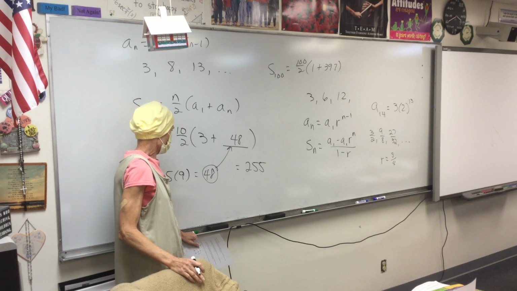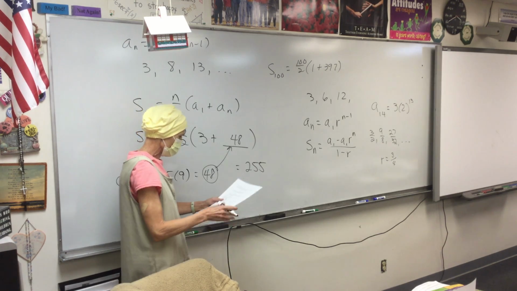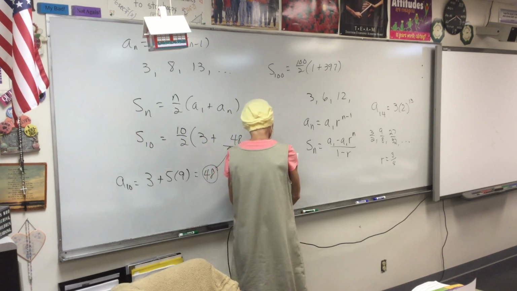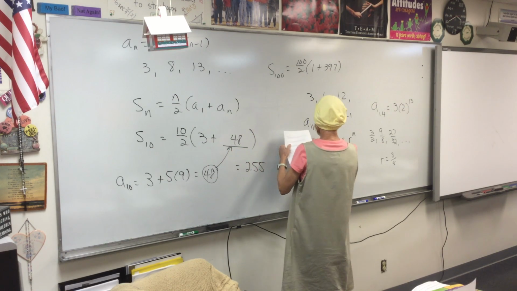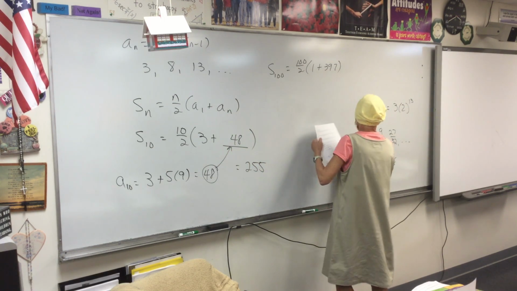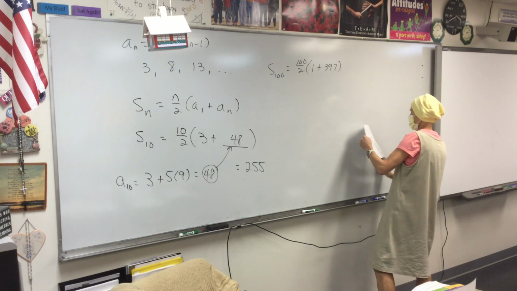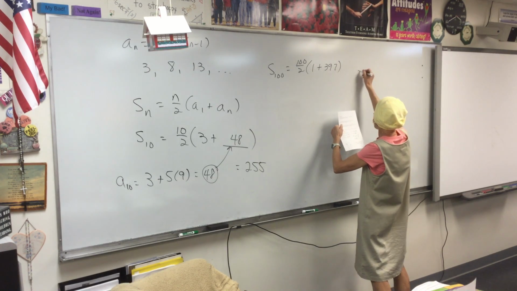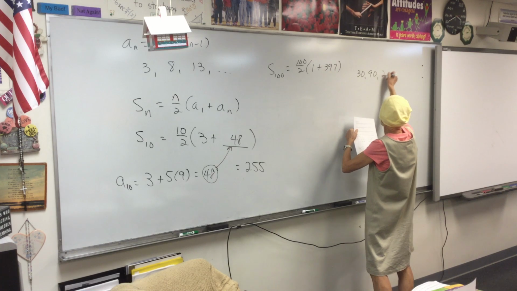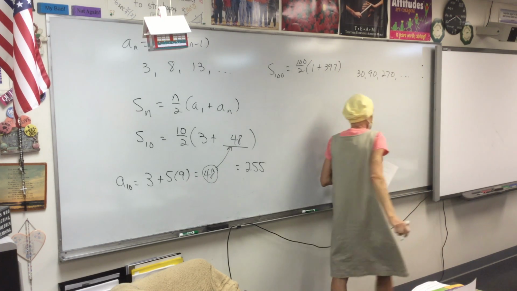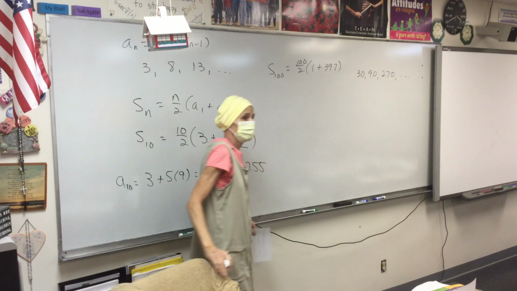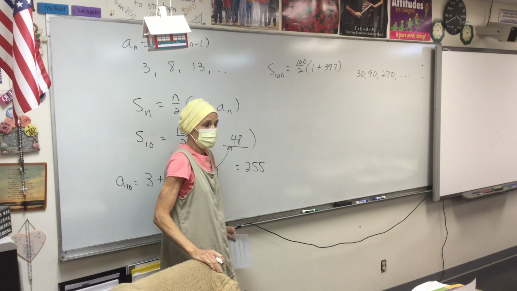Okay, now, number 2. How much money would be on a checkerboard if we put 30 cents, 90 cents, 270, and so on? How much money would be on the checkerboard? Okay.